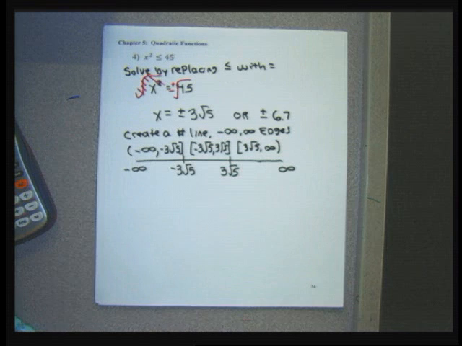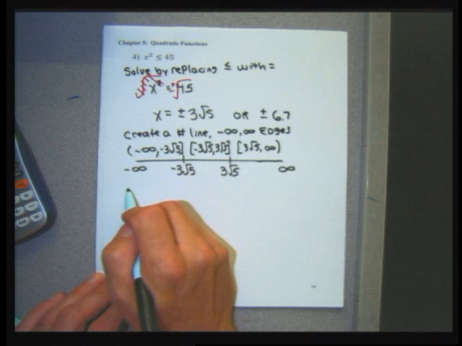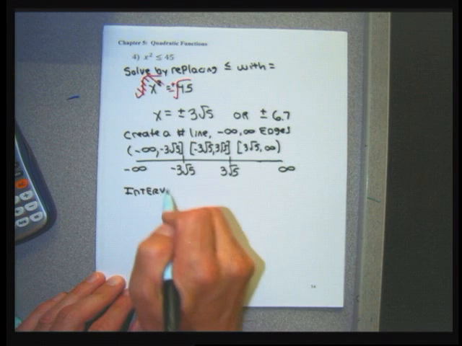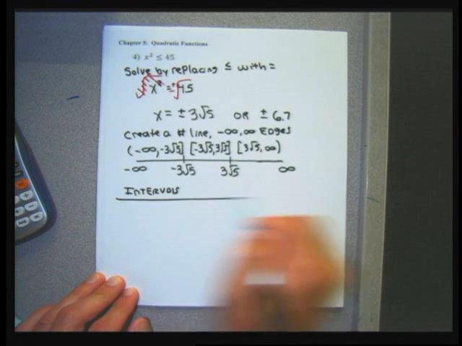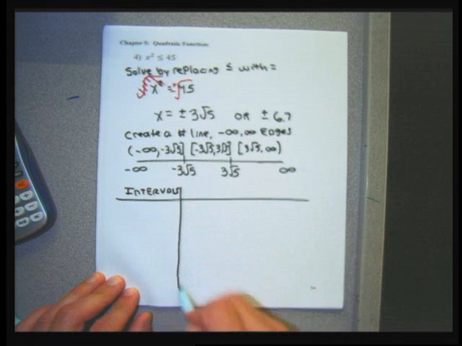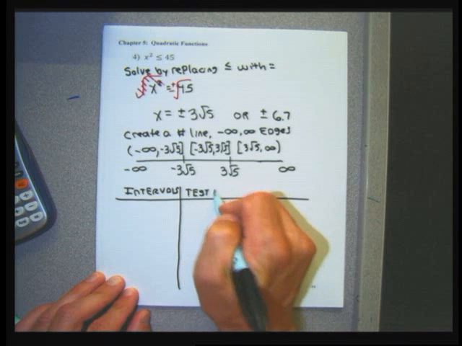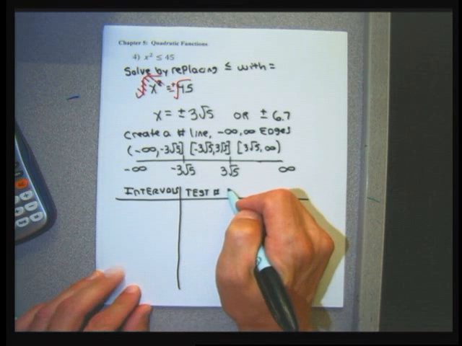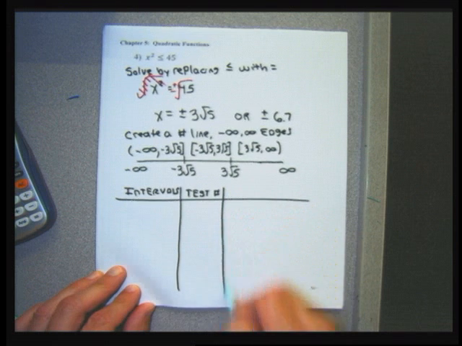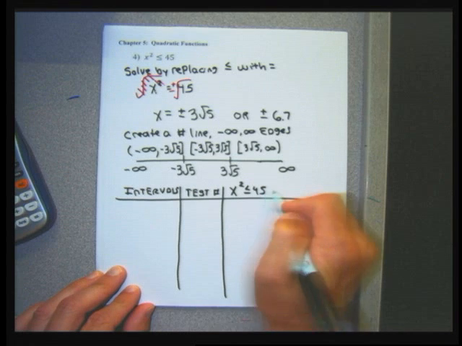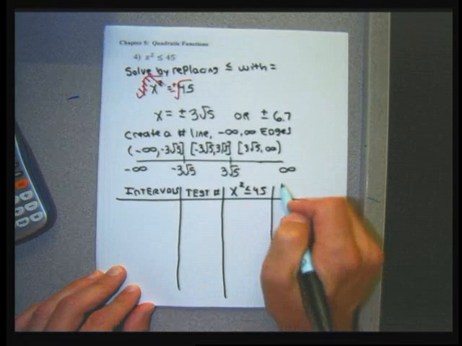So I'm done with all the preliminary work. Now I'm going to make my table. My table is going to say intervals, test number, then I'm going to put the original problem, and then true or false.